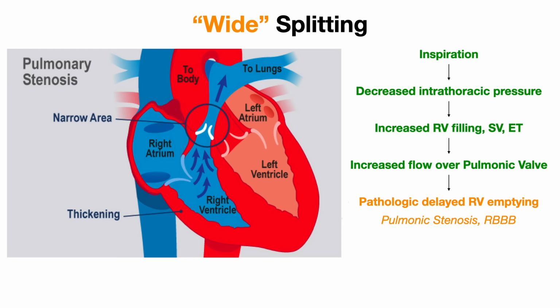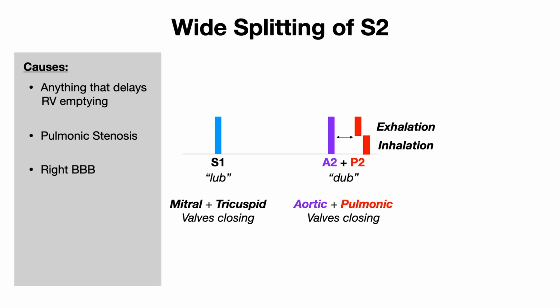But in the presence of pulmonic stenosis or a right bundle branch block, where both of those conditions will already cause slower or longer or exaggerated flow over the pulmonic valve, the pulmonic valve will take even longer to close, which means that when we look at a graph or a visual depiction of wide splitting, the A2 sound and the P2 sound will get spaced out, and during inhalation, the P2 sound will get spaced out even more. So I really hope that makes sense. This is wide splitting, and this is how this works.